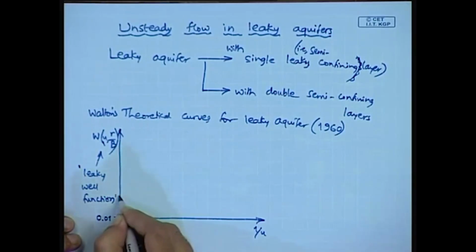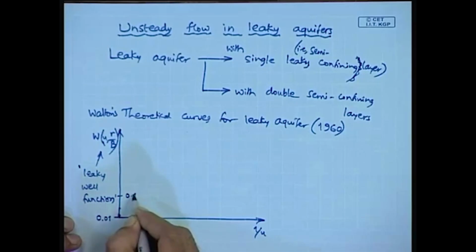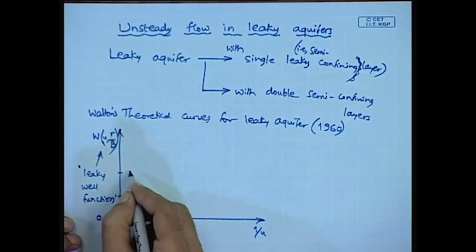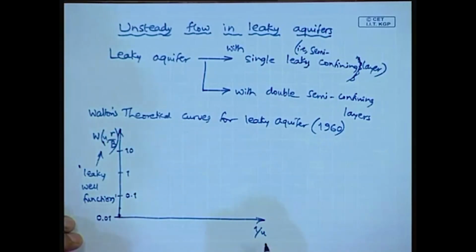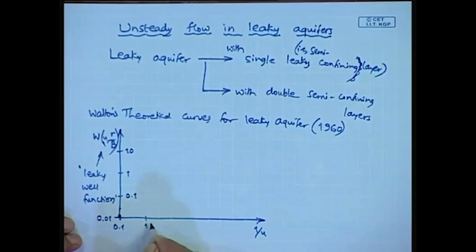The W of u axis will start at 0.01, then 0.1, 1 and then 10. Similarly, the 1 by u axis will start at 0.1, 1, 10, 100, 1000 and 10,000, or 10 to the power 4.